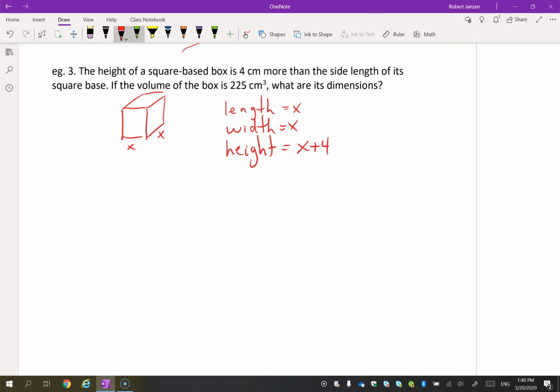The volume is 225. So the volume, you would multiply x times x plus 4, and we're being told that volume is 225. And if I multiply this times this times this, I get x cubed plus 4x squared.